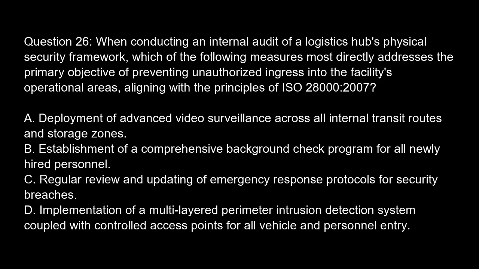Option B. Establishment of a comprehensive background check program for all newly hired personnel. Option C. Regular review and updating of emergency response protocols for security breaches. Option D. Implementation of a multi-layered perimeter intrusion detection system coupled with controlled access points for all vehicle and personnel entry.